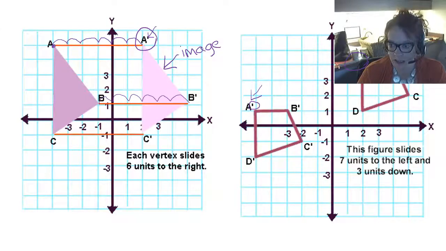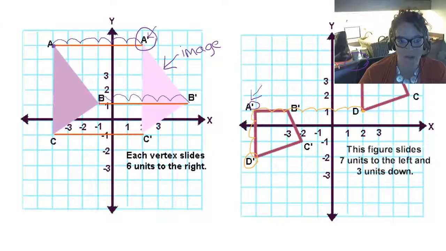So let's look at D. So here was the original point of D, and it says it went 7 to the left. Okay, ready? 1, 2, 3, 4, 5, 6, 7. And then it also went 3 units down. 1, 2, 3. So there's D1. There's the image.